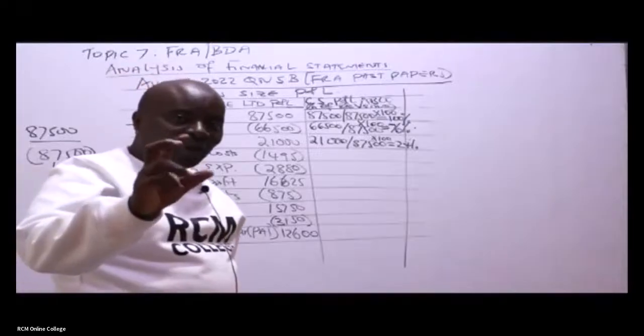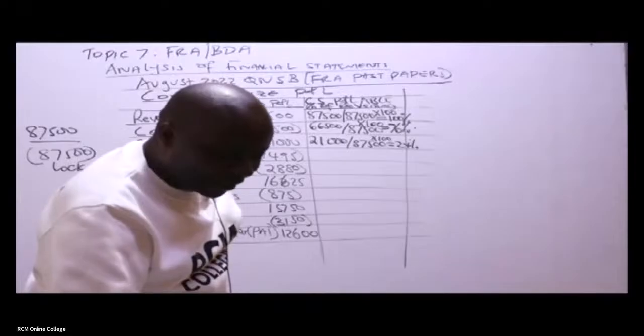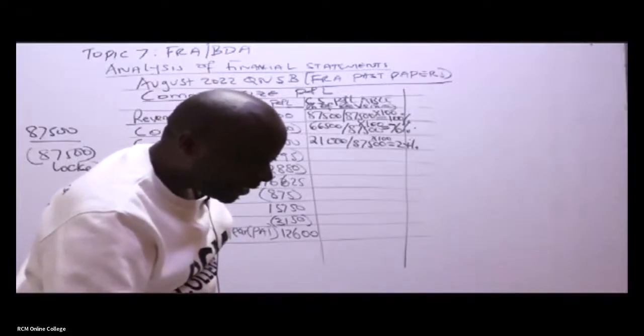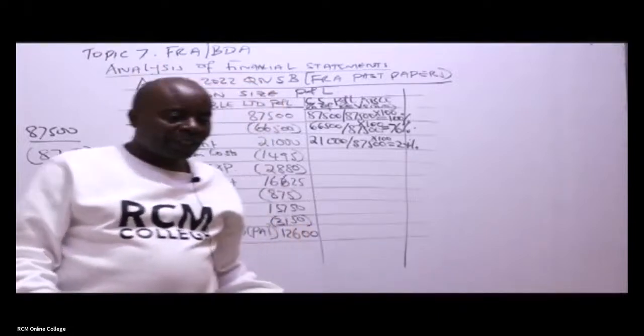You dollarize using the F4, if you remember. Those BDA ninjas who have been able to do that, can you kindly share the screen with us?